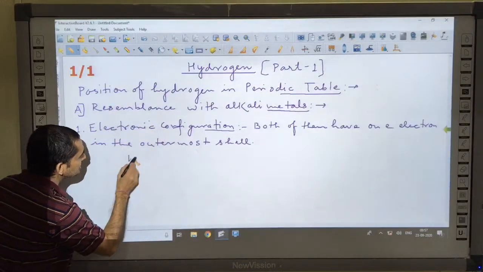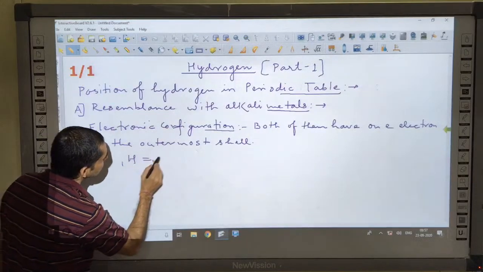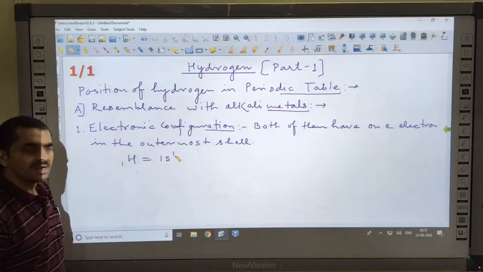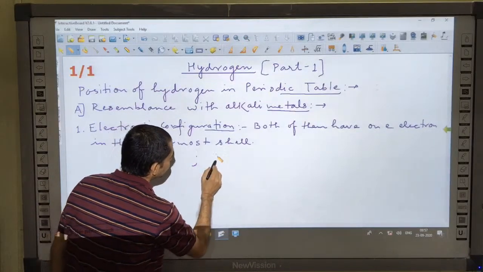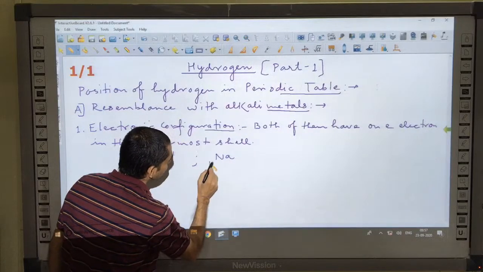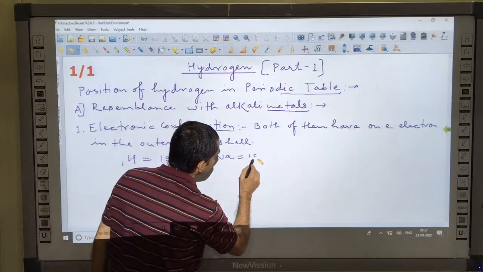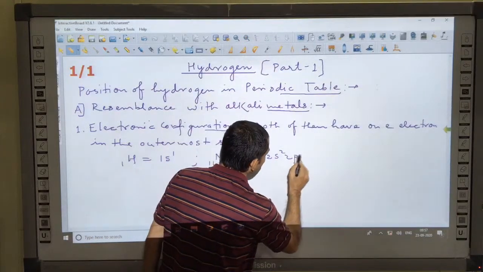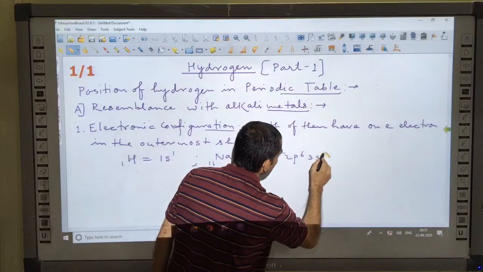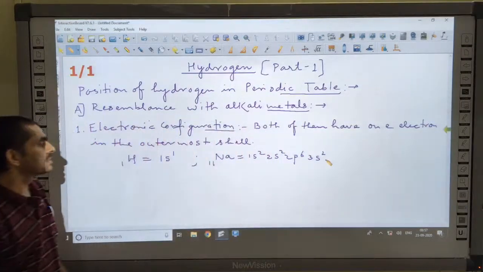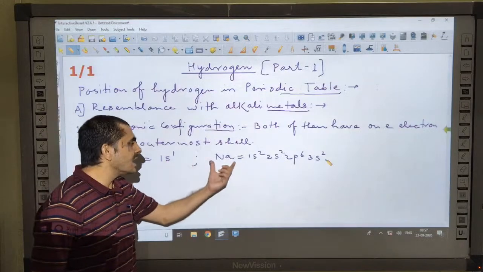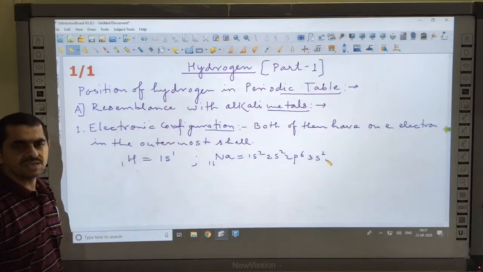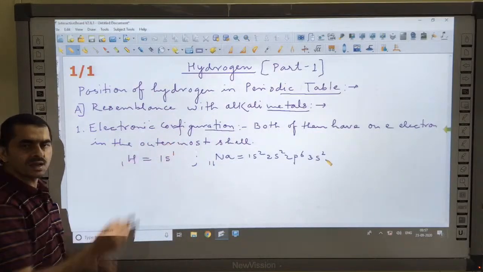Suppose I am writing hydrogen, atomic number 1, its electronic configuration is 1s1. Now you see it is having one electron. Similarly, if I write the alkali metal sodium, atomic number 11, its electronic configuration will be 1s2, 2s2, 2p6, 3s1. Now you can see both hydrogen as well as alkali metal have one electron in their outermost shell. So hydrogen is resembling alkali metal.